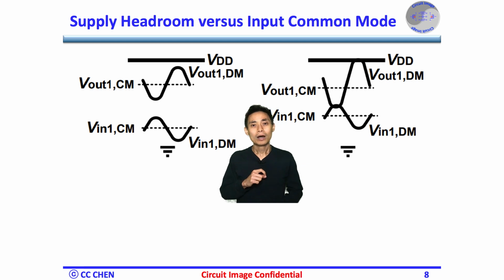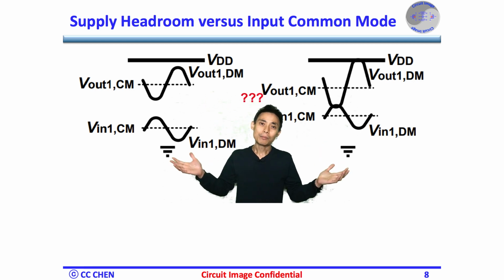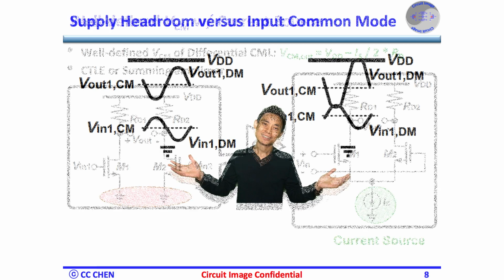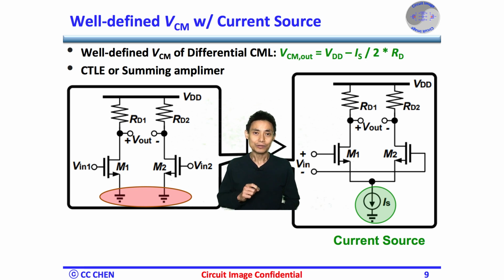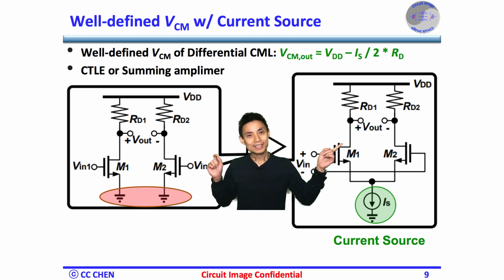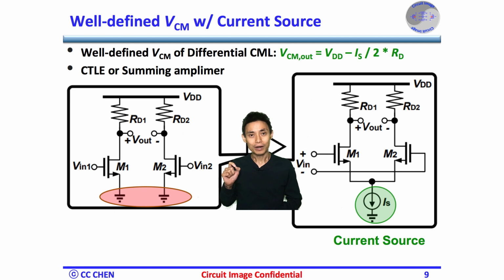So, how can we make a well-defined common mode voltage to avoid the signal distortion? Correct. Current source or ideal current source. For example, if the ideal current source is added at the differential pair's common source on the right-hand side, the output common mode DC level would be well defined to be VDD minus half IS times RD.